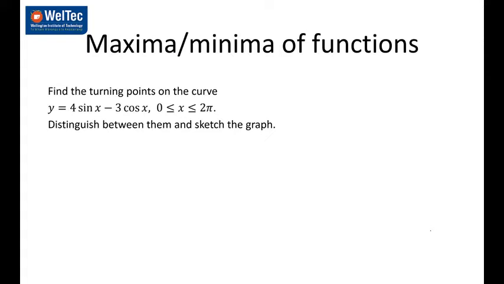Remember from topic 6, we could rewrite this using r is equal to the square root of a squared plus b squared, and that alpha was equal to the inverse tan of b over a.